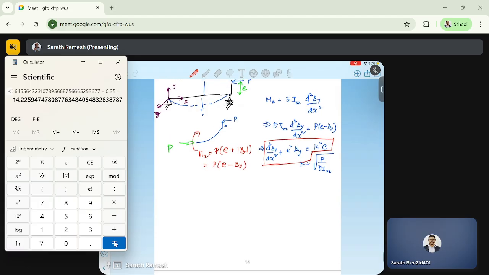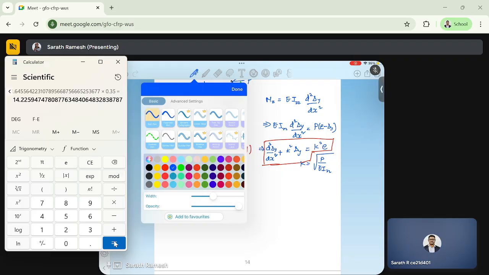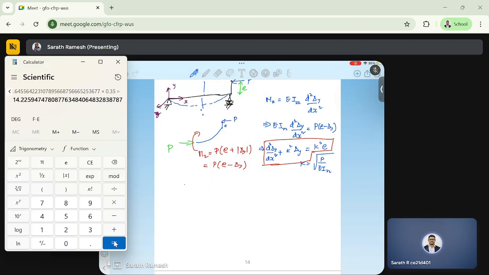Fine. Now we can solve this differential equation with the complementary function c1 cos kx plus c2 sin kx and the particular solution e.